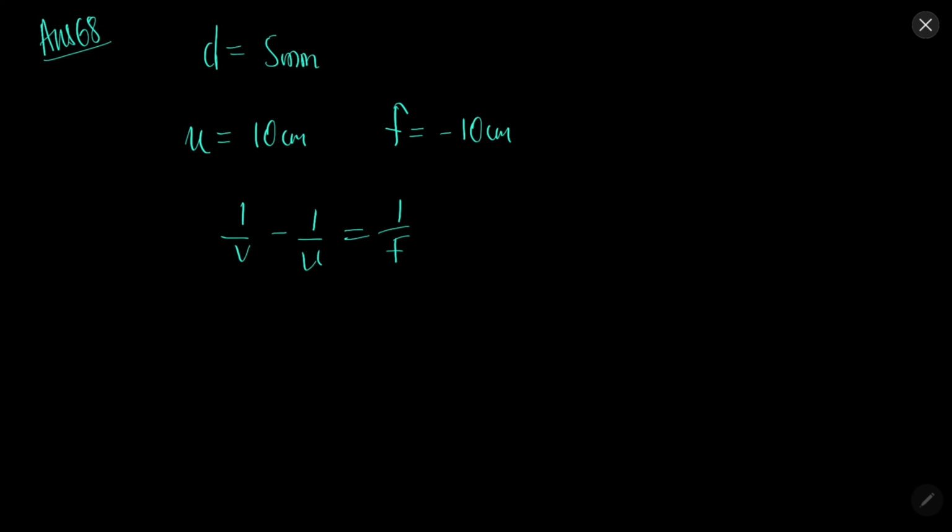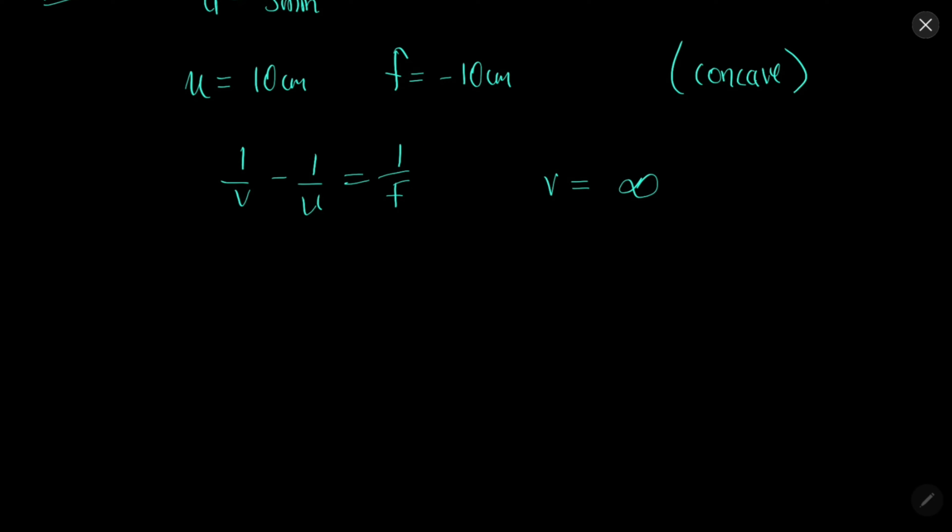So this situation is for the concave lens. Now from here v will come out to be infinity. So the emergent beam will become parallel after refraction in the concave lens. So ultimately, let me draw a figure so that you can understand it better.